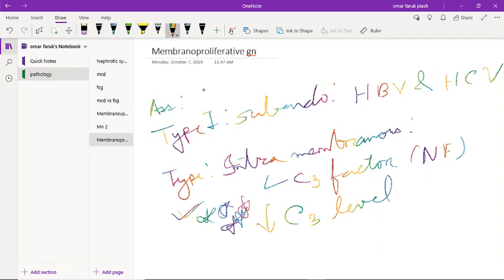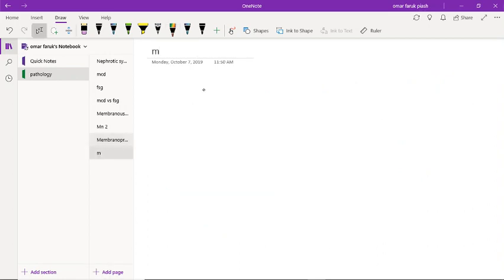Okay, what you have to remember in this regard is that on H&E stain there is thick glomerular basement membrane.